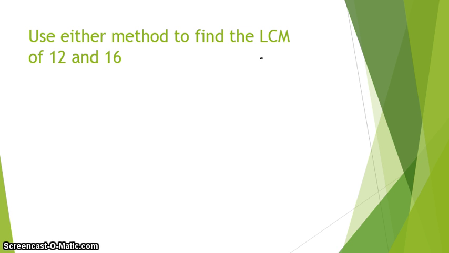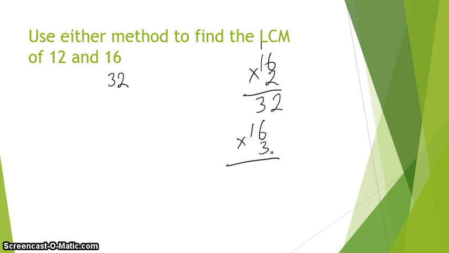So 16 times 2, 6 times 2 will give us 12. 1 times 2, 2 plus 1 is 3. So that's 32. Can 12 go into 32? No, it cannot.